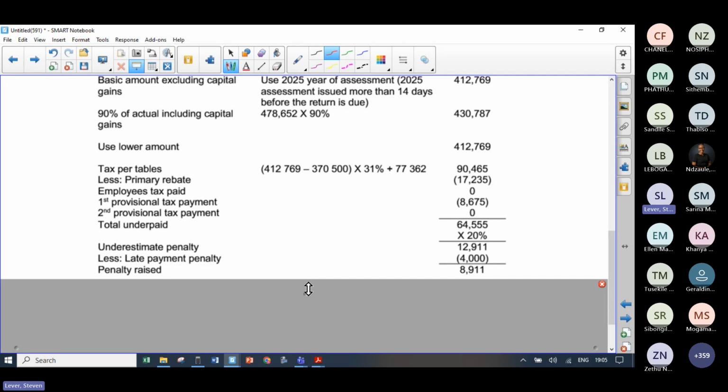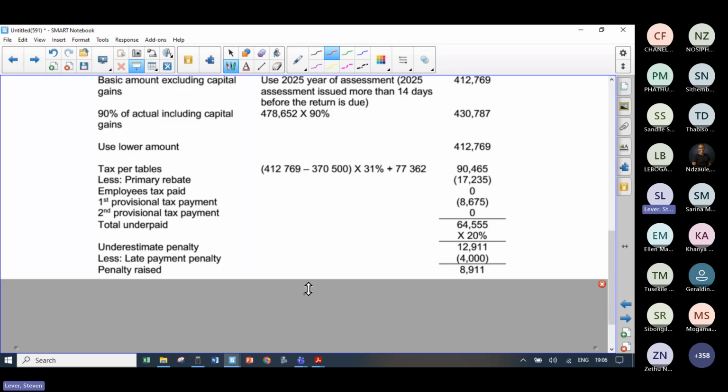Let me just again say something to you. You can pay whatever it is that you like. So they can never ask you a question that says, what is your second provisional tax payment? Because you can pay nothing and pay the penalties, or you can pay more and not pay the penalties. It's up to you as to what you want to do. But what we can do in a question is say, do I need to register?